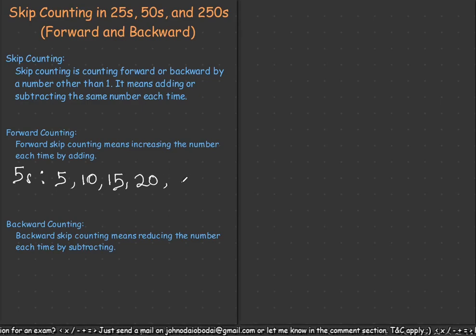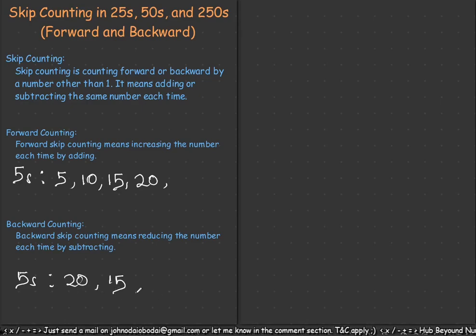We keep adding 5s. On the other hand, backward skip counting simply means you are reducing. This is the most important word here. We are reducing the number each time by subtraction. With the previous example, if we have 20 and we want to skip count in fives, then starting from 20, we now come down to 15, because we are subtracting.